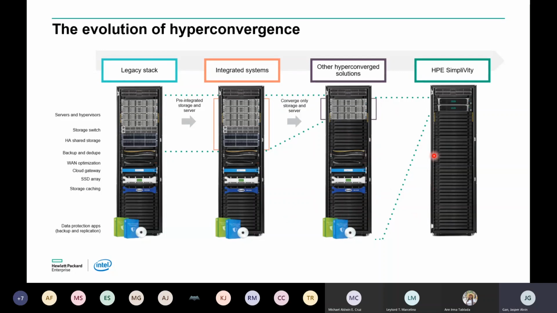So that's what we want to avoid with HPE Simplivity. We want to give you an all-in-one solution where you already have all the features and functionalities that you might need for your daily operation, like built-in backup, built-in replication, built-in data optimizations like deduplication and compression, also a possible built-in DR automation software.